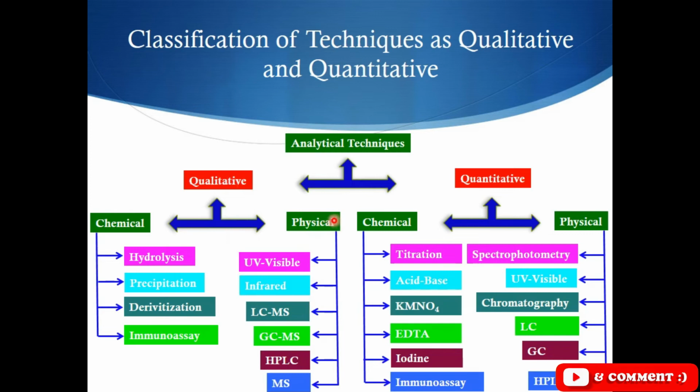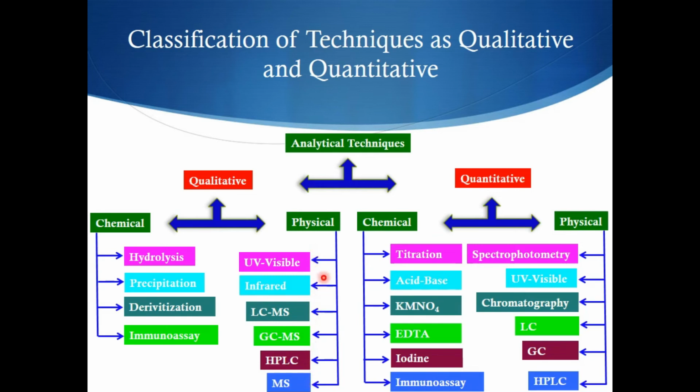Physical methods for qualitative analysis include UV visible spectrophotometry, infrared spectrometry, liquid chromatography coupled with mass spectrometry, gas chromatography coupled with mass spectrometry, high performance liquid chromatography, and then simply mass spectrometry.